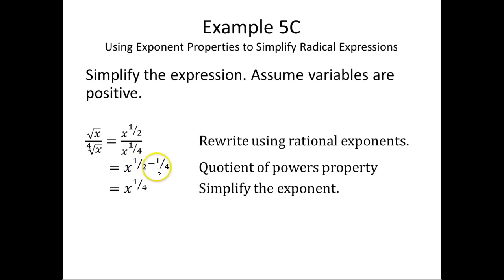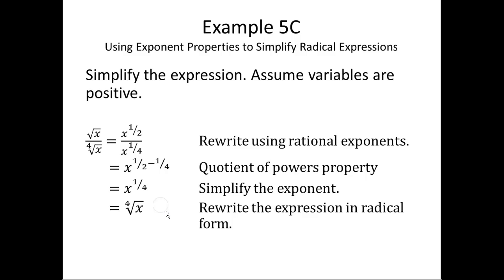Subtracting these two fractions, I get x to the power 1/4, which I can then rewrite as a radical expression. Since my denominator is 4, that becomes the index. The numerator is 1. Of course, we don't write the 1. You could write x to the power 1, which is just x, but we typically don't do that. So this is the simplified version of this expression.